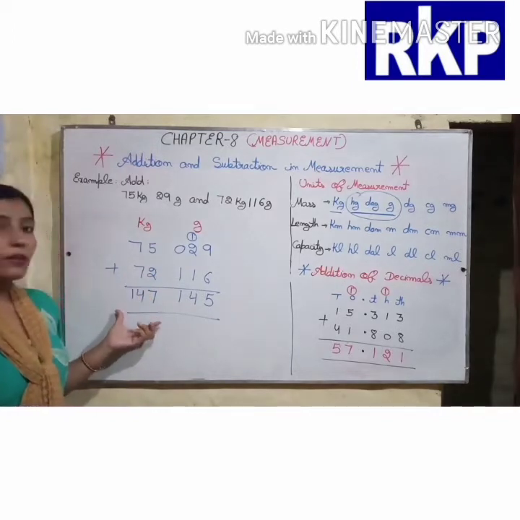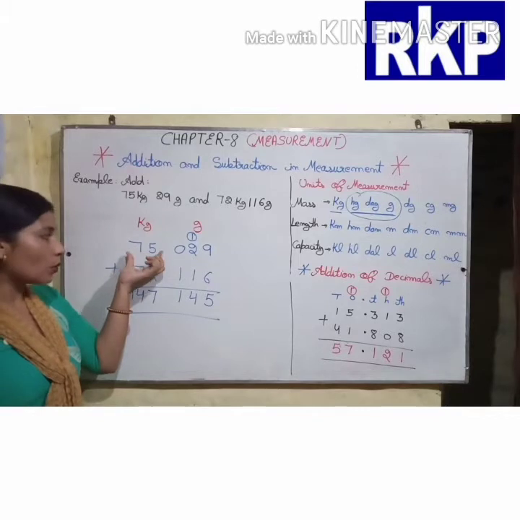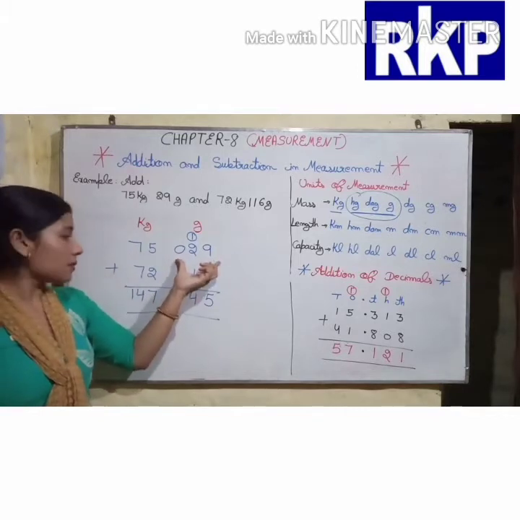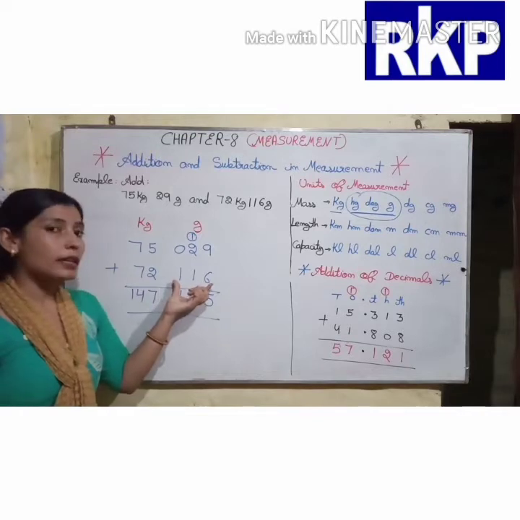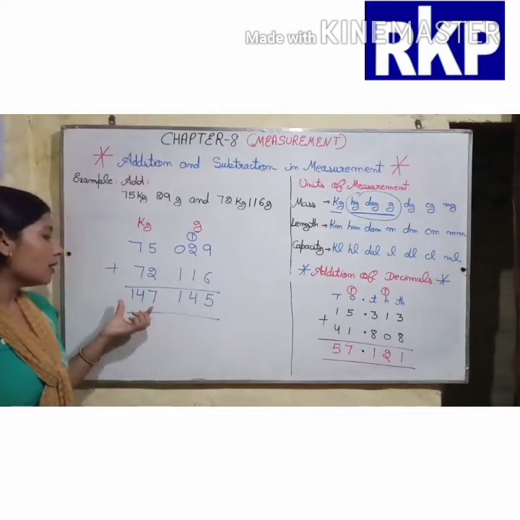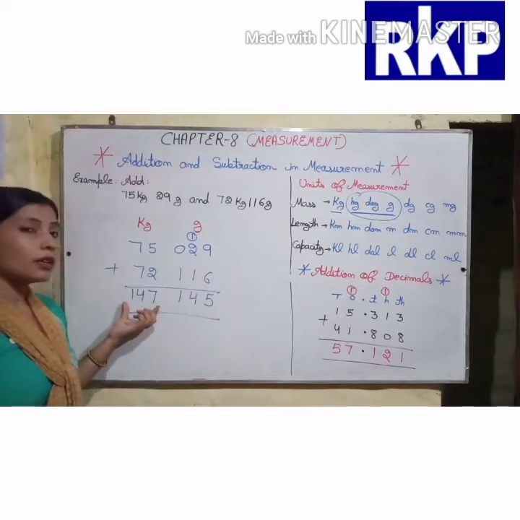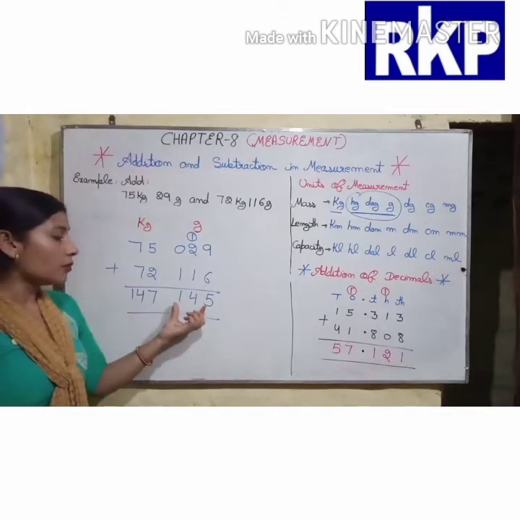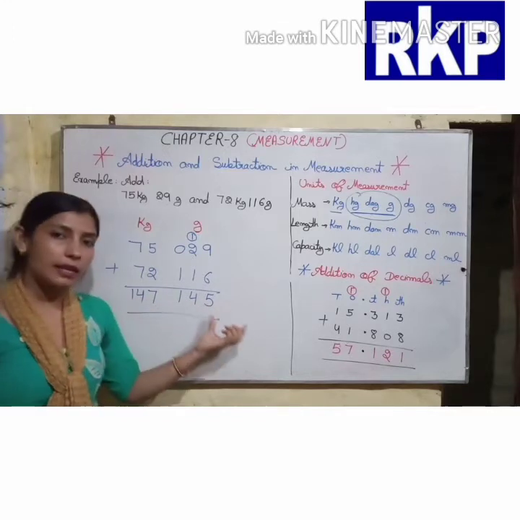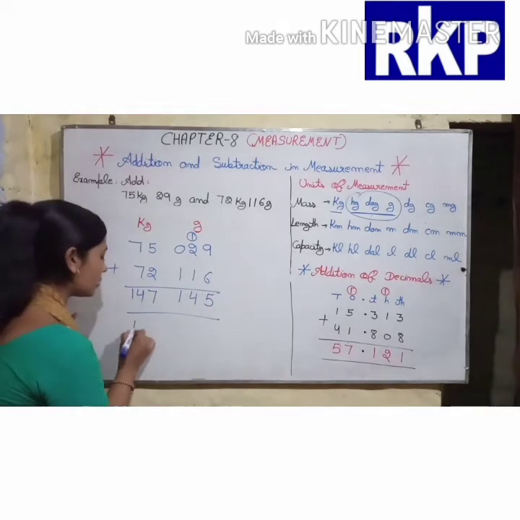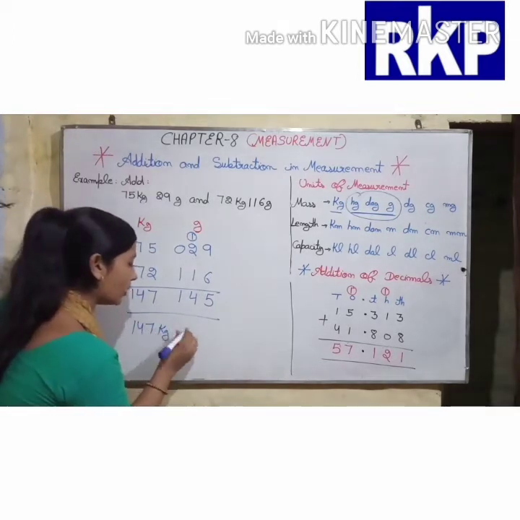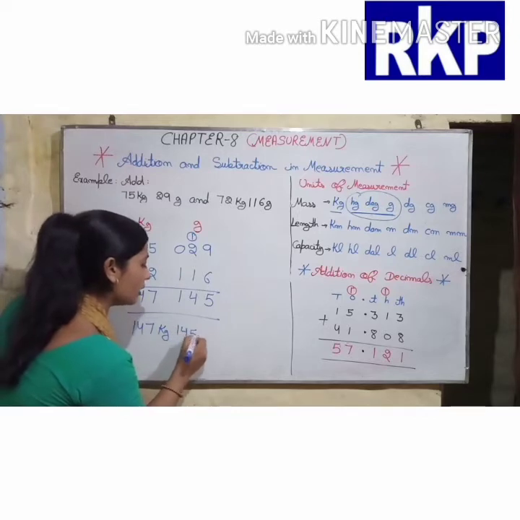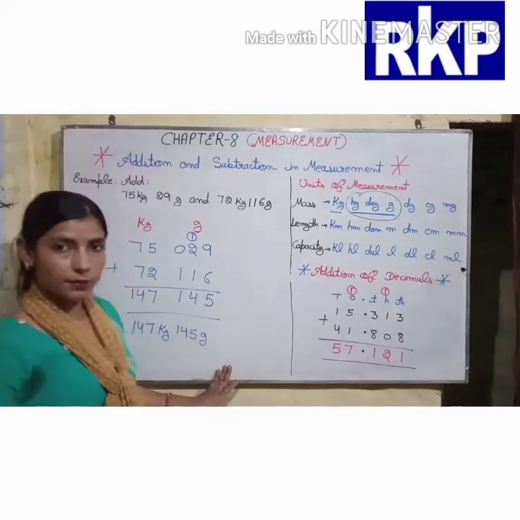So when we add 75 kilograms, 29 grams and 72 kilograms, 116 grams, then we get 147 kilograms and 145 grams. You can write like this also. 147 kilograms and 145 grams.